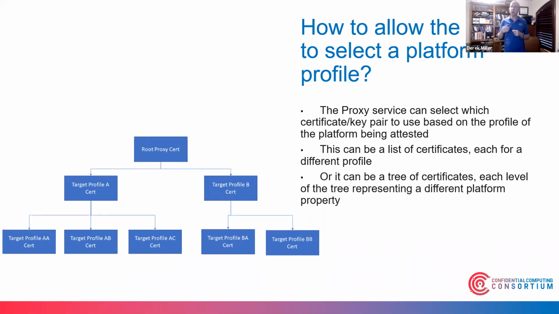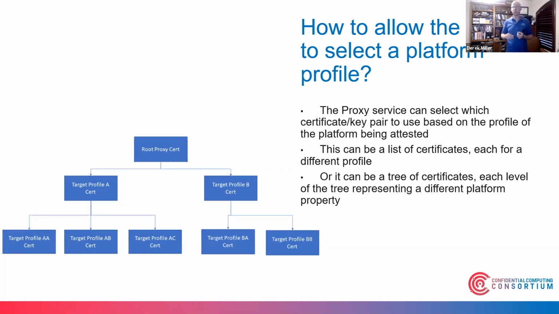And so basically, with a tree of certificates, the proxy service can then select the proper profile certificate to sign with, and then the client, a priori, before this communication happens, has already selected the certificate that it trusts. So at that point, the client will reject certificates that are signed with a profile that are outside of its scope.